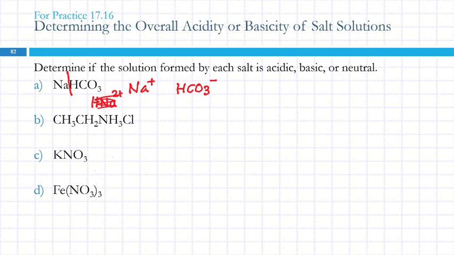So that's not going to happen. I can't take a hydrogen away from it. It doesn't have a hydrogen. So what then? Well, stick it with OH and see what it looks like. Oh, that looks like a strong base. Is that going to affect the pH of the solution? No, it's not. No effect from that one.